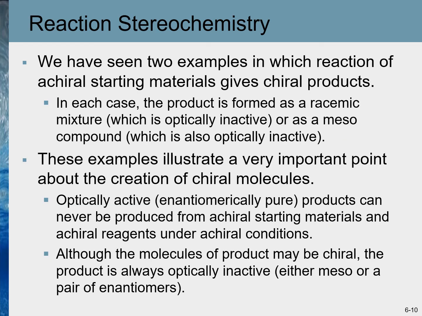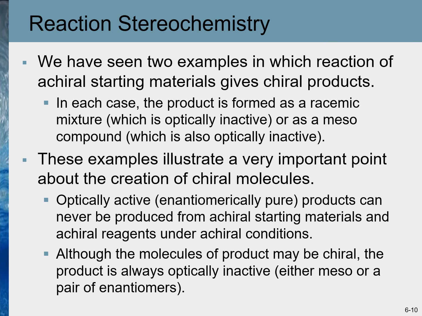So we have seen two examples in which we started with the achiral compound and the products had a chiral center. So we saw halogenation reaction. In halogenation, our alkene was achiral and the end product was either a mixture of enantiomers, so both were chiral, or a meso compound.